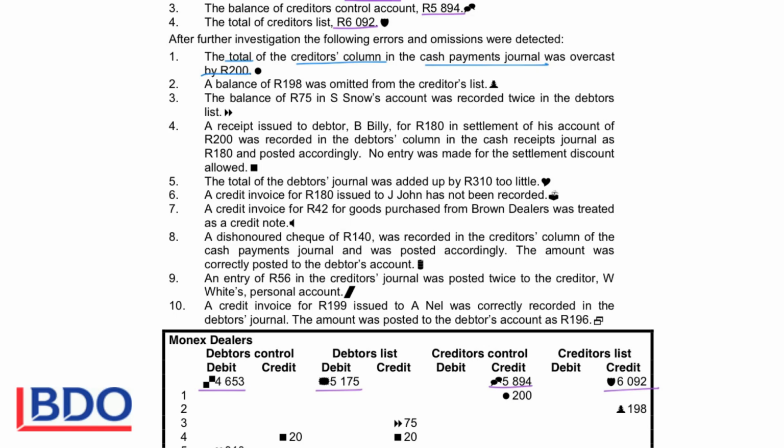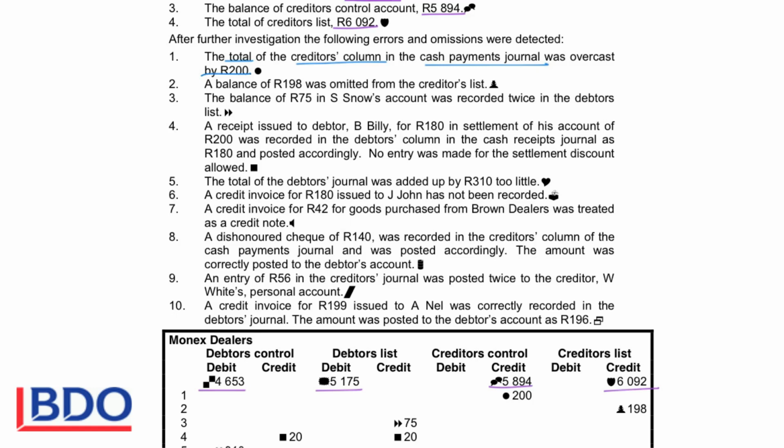Now, first of all, determine whether the mistake was made in the control account or in the creditors ledger. The total of a column will go to the creditors control. The individual entries in the cash payments journal were correct, so there's no mistake in the creditors list. This error will only be corrected in the creditors control account.